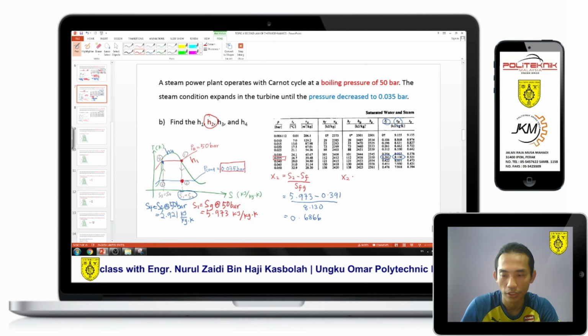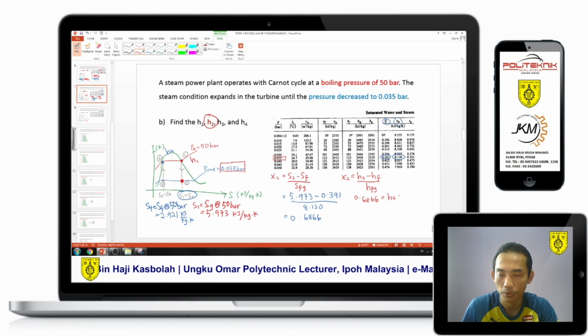Class, we know that the dryness fraction can also be determined using enthalpy. X2 equals H2 minus Hf over Hfg. So this formula will become 0.6866 equals H2 minus Hf.